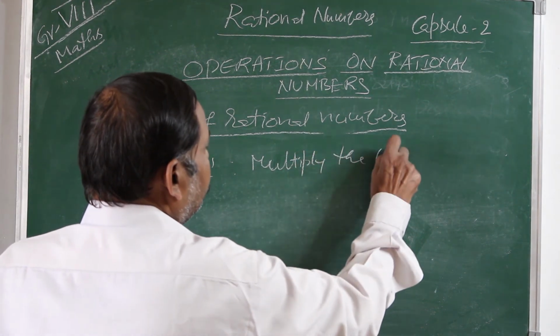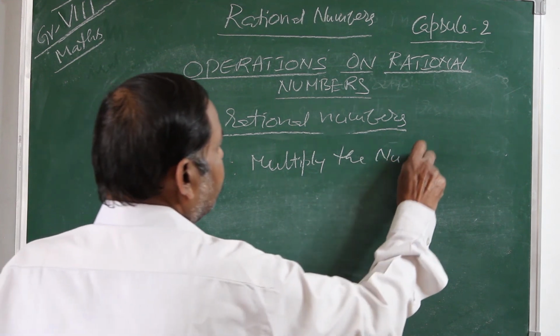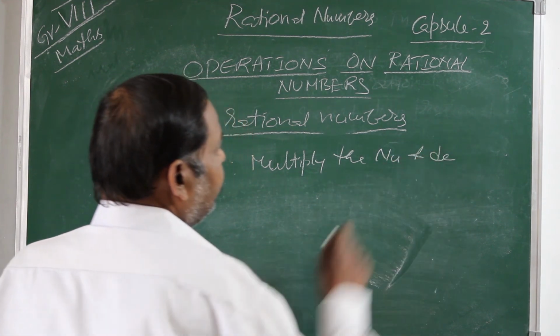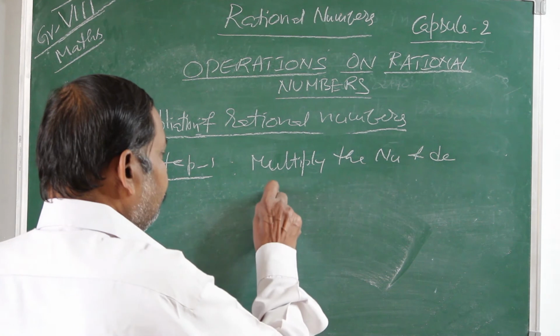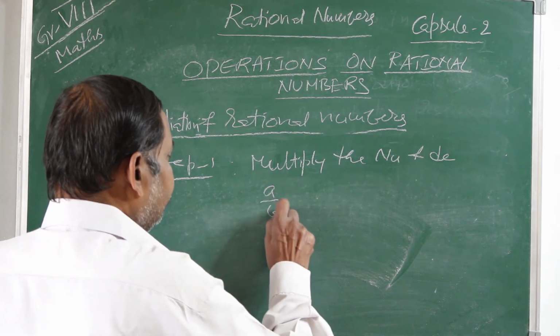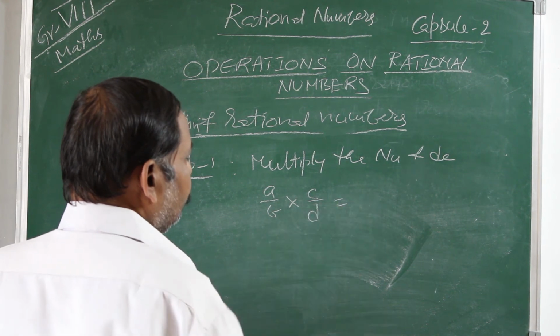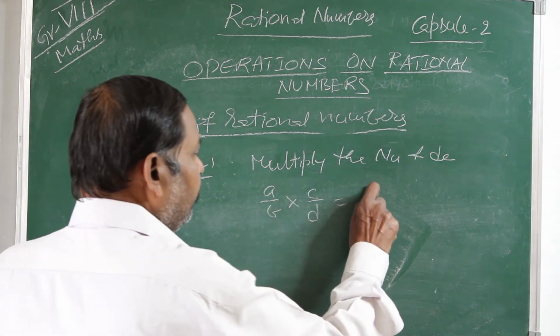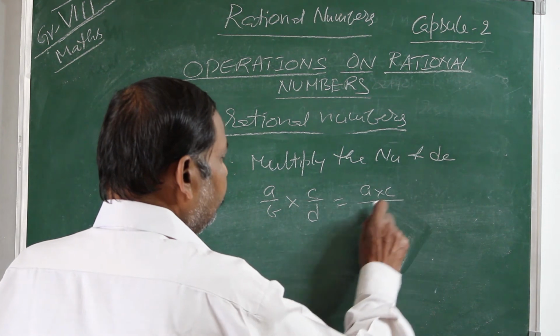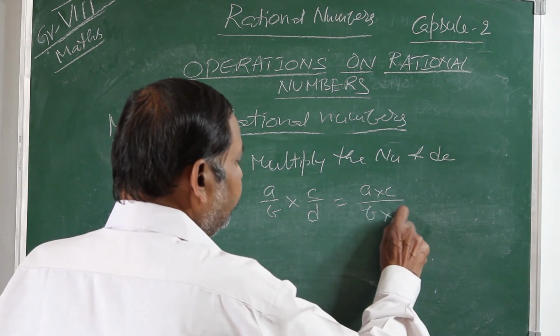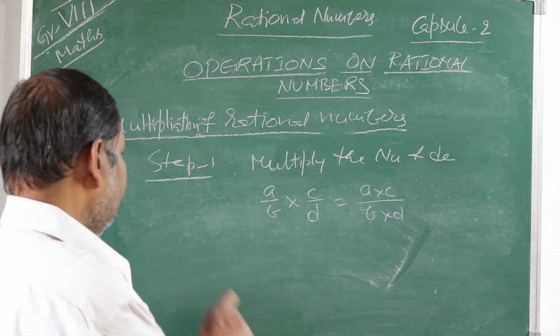Multiply the numerators and denominators separately. For example, a by b is a rational number and c by d is another rational number. First you have to do a into c by b into d.